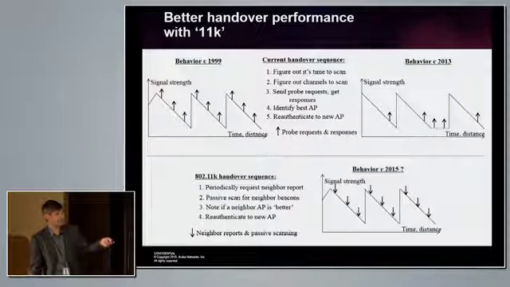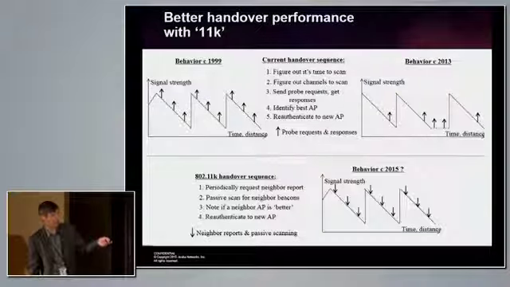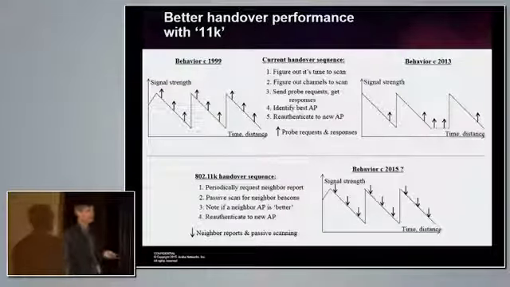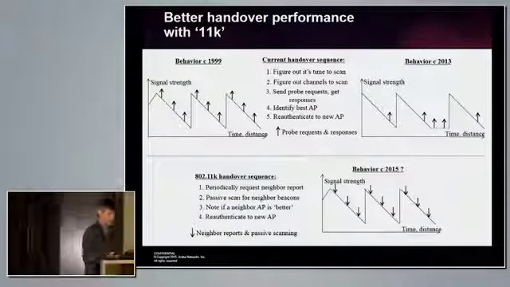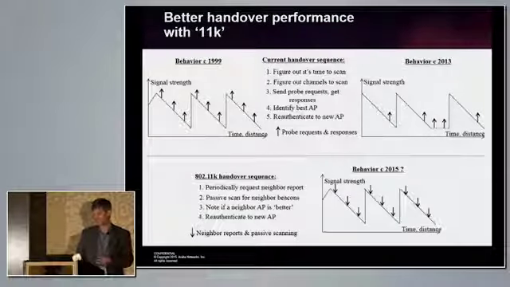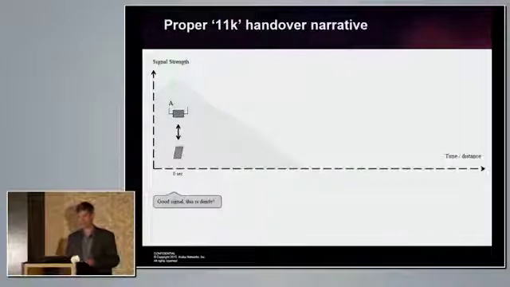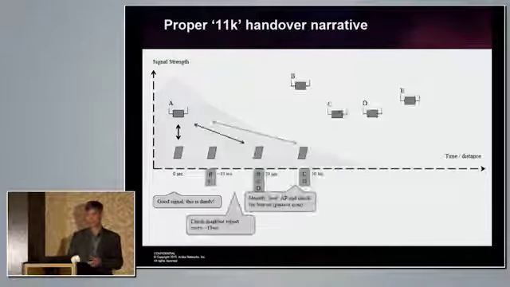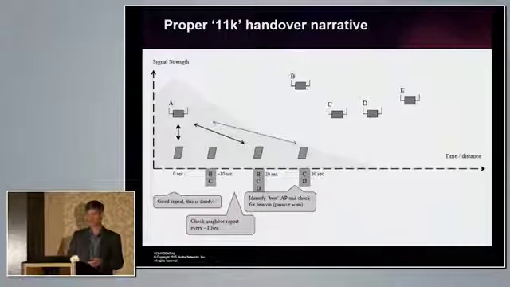So we get down to this, and if you can use your neighbor report and go passive, then you should be able to get updates far more frequently, which means you've got a better picture of what's going on, which means you can make better handover decisions. And that's what we want to see. So the whole picture should look a little more like this.